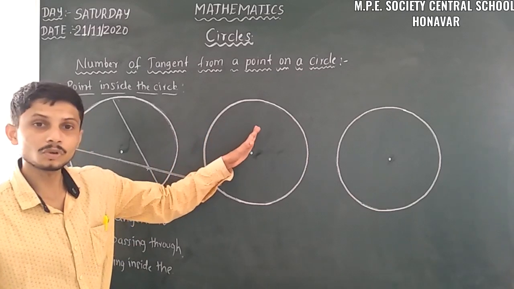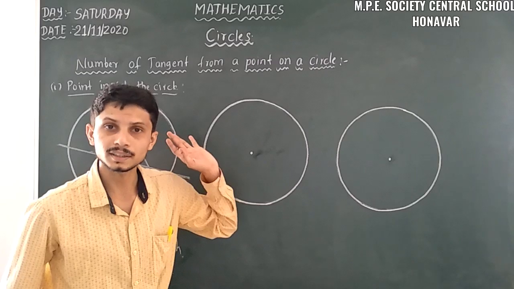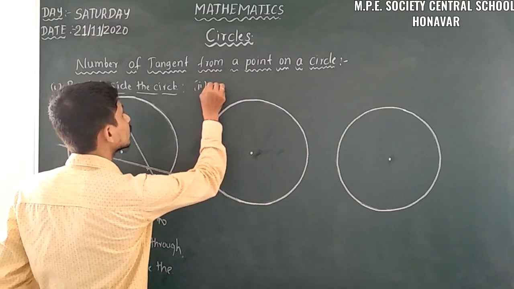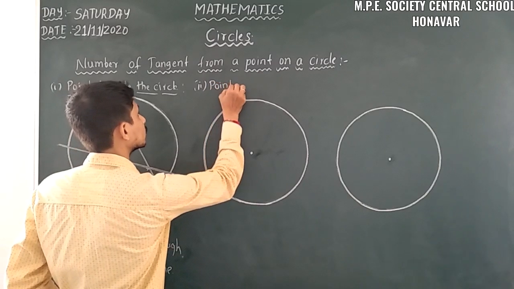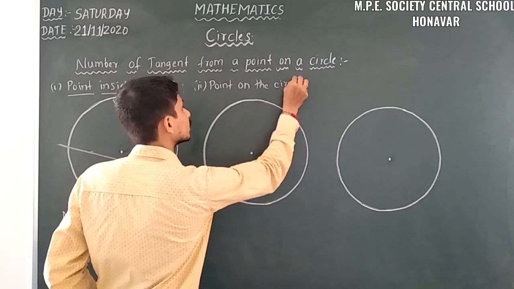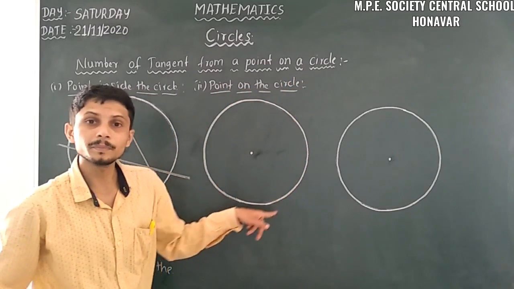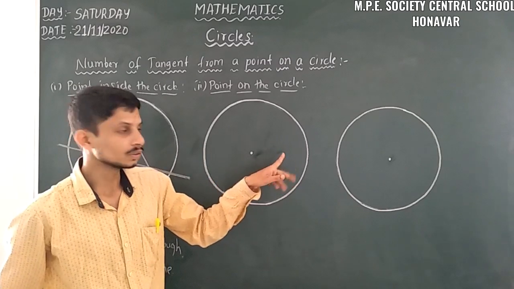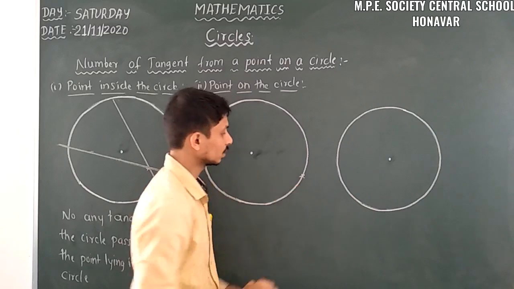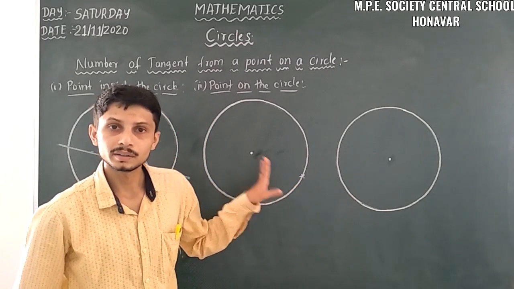So let us move on to the second case. In the second case we take a point on the circle, on the perimeter of the circle. The second case is a point on the circle. On the perimeter you can take any point here. Passing through this point we draw a tangent.